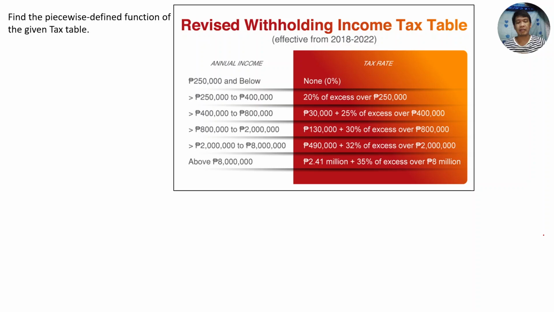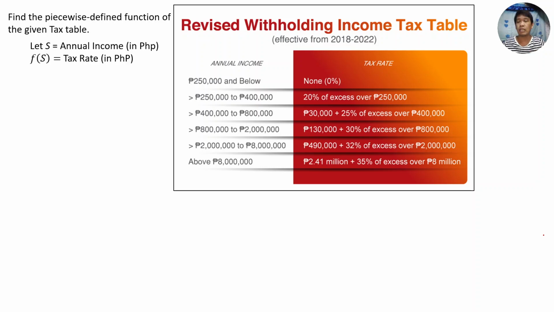So, isa-isahin natin siya. So, let S muna be the annual income in Philippine peso. So, F of S is the tax rate or yung babayarang tax for a given annual income. So, this table depicts the revised withholding income tax table effective 2018.